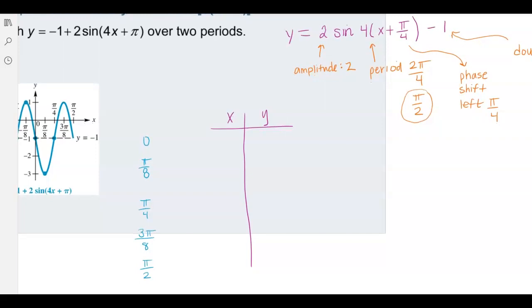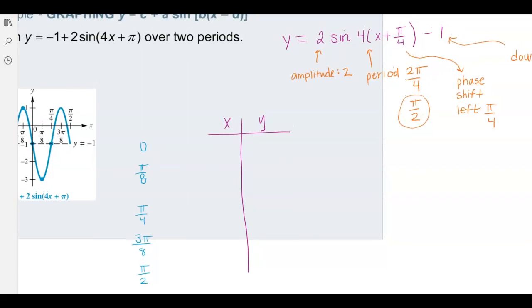But then I have to take into account the phase shift. So anything that is inside the parentheses is going to affect the x coordinates, right? Because it's sitting near the x. So that's going to be the period and the phase shift. And so we look at those values when we're trying to determine what our x values are. Anything that's outside the parentheses is going to be related to the y value.